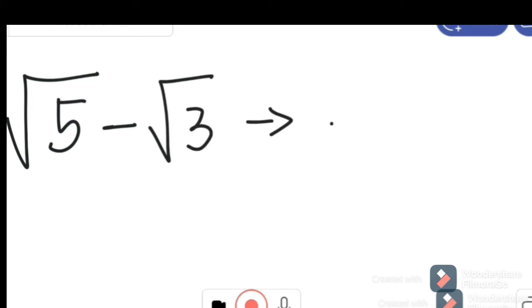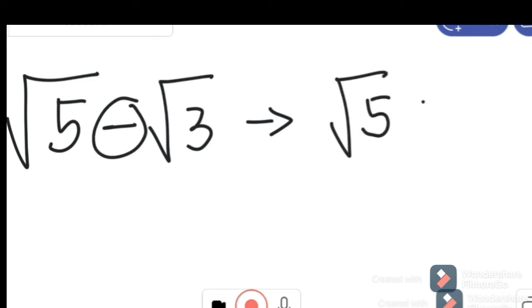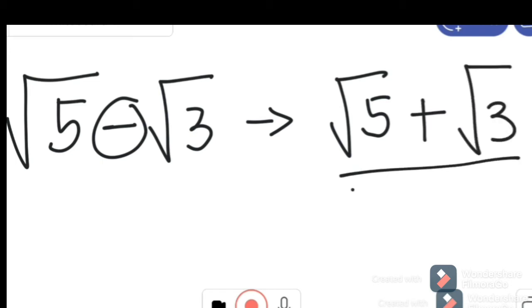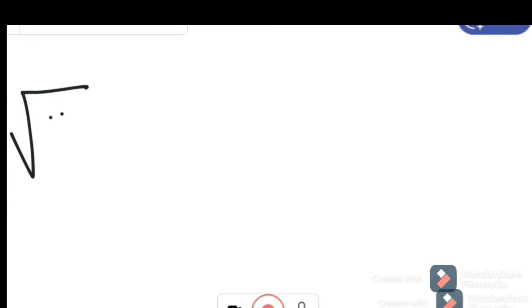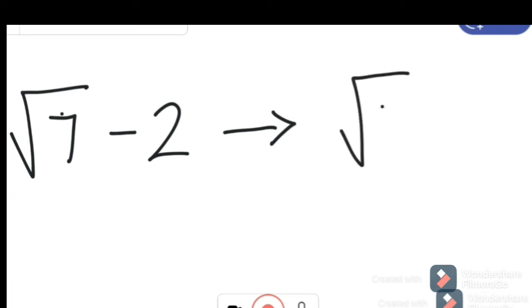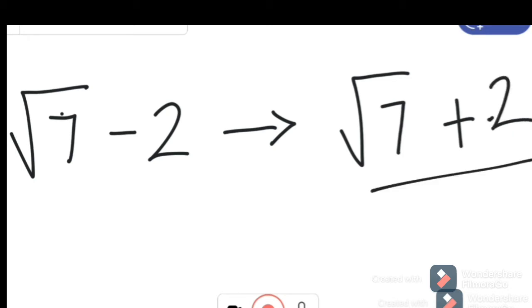Its conjugate will be the square root of 5, the opposite sign is plus, and the square root of 3. This is the conjugate of the square root of 5 minus the square root of 3. The square root of 7 minus 2: its conjugate is the square root of 7 plus 2. Again, this is how we write a conjugate.